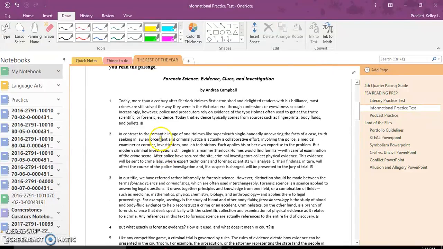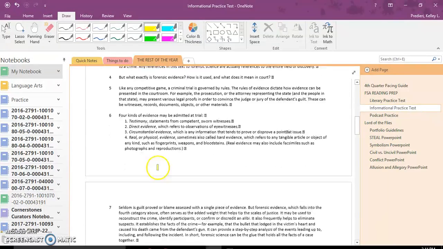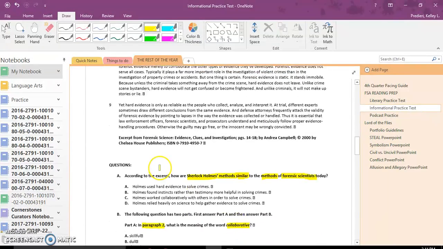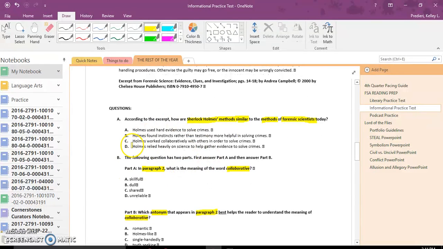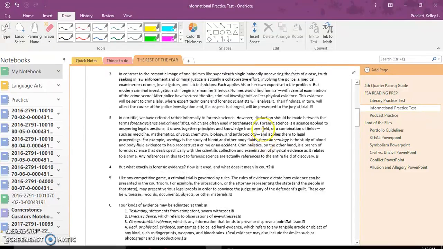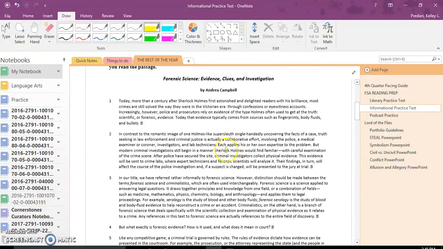Alright, so I am not going to go through and read all of this to you, just for the sake of time. We're going to go to our questions and start answering them. Okay, so Holmes's method, similar to the methods of forensic scientists today. So Holmes's method is mentioned in the first paragraph.